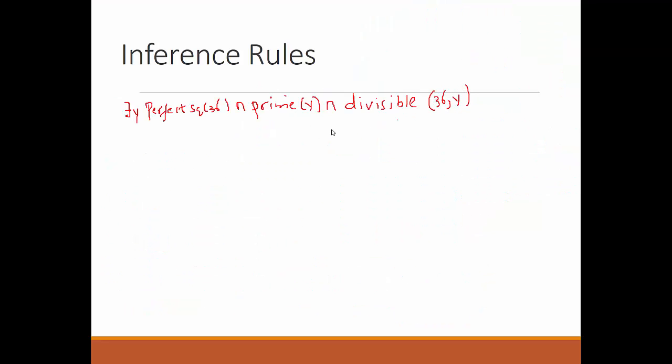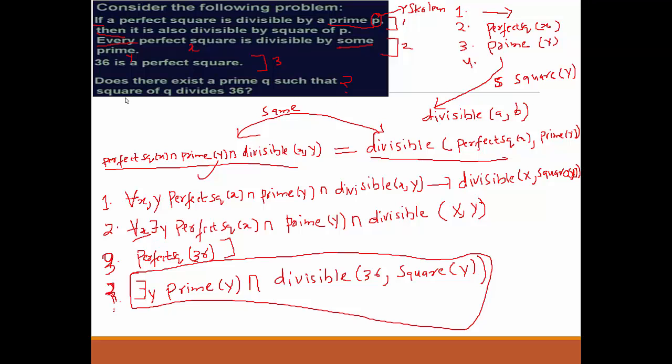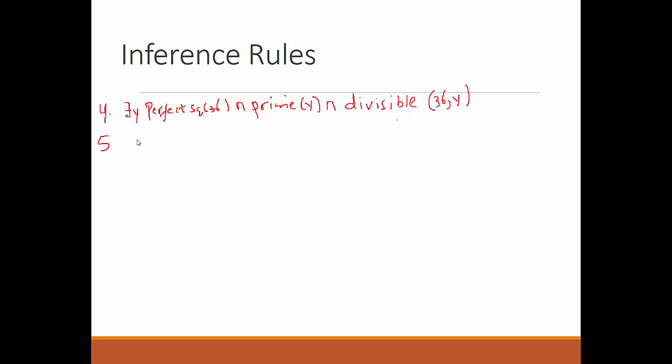Now we're also given, so let's put it here as 4, that perfect square is divisible by prime p. So p can act as a Skolem constant. And we know by using Skolem constant there has to be this existential elimination.